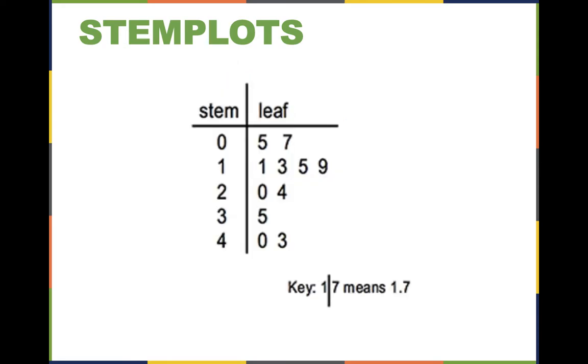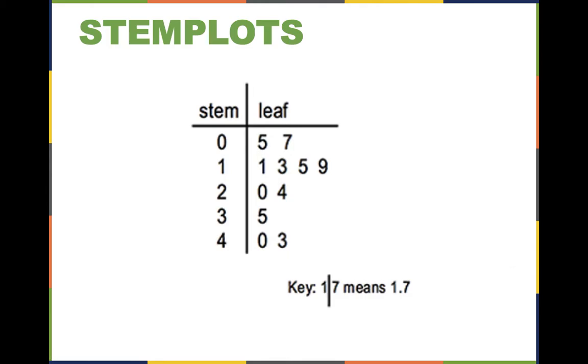Let's look at one more example of stem plots. Sometimes you'll see stem plots with a key at the bottom. This means that you have to read it in a different way, that you're not going to read it based on tens and ones place. This key is telling me that all of these data values represent decimals.